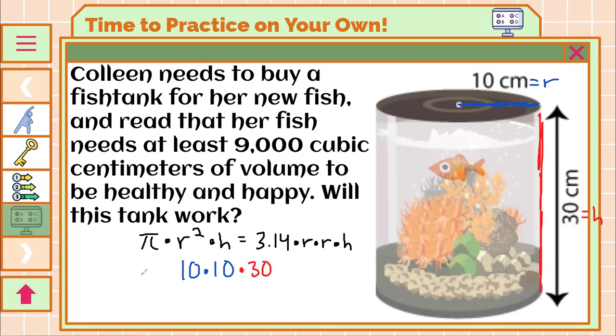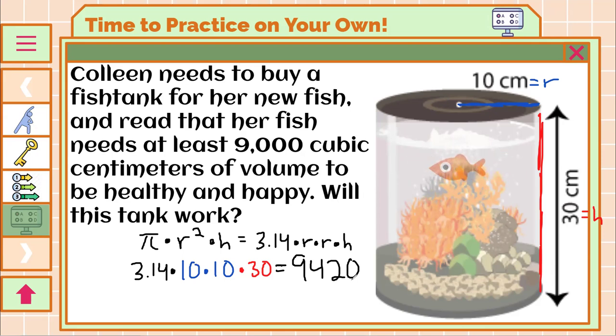And if you remember to keep your pi in there as well, your 3.14, then you set up your formula correctly. Lastly, just the calculations. So if you put 3.14 times 10 times 10 times 30 into the calculator, you should have gone in 9,420.